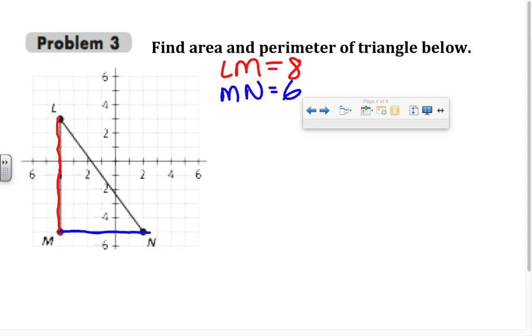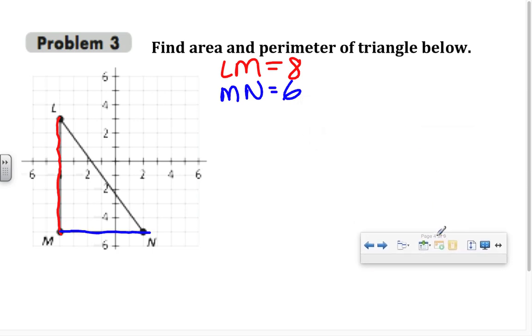And there are two different ways you can approach finding LN. Since the right triangle has already been drawn for us, we could use Pythagorean's theorem in order to find LN. If you recall, Pythagorean's theorem is where the distance formula comes from anyway. So let's go ahead and do that. Let's make our life a little bit easier when we can.